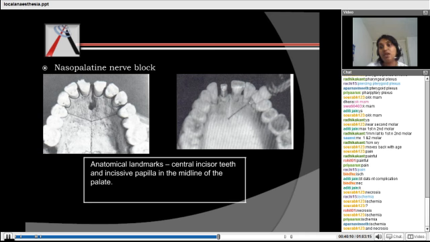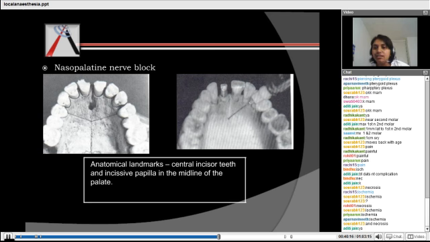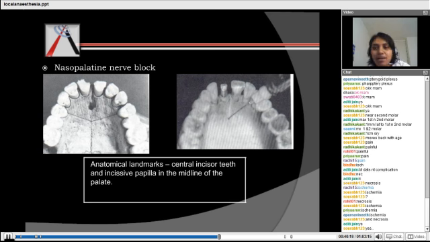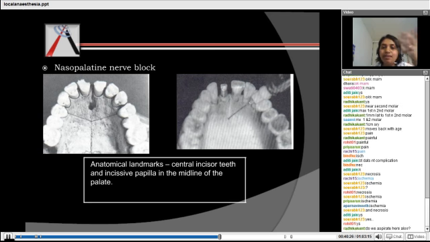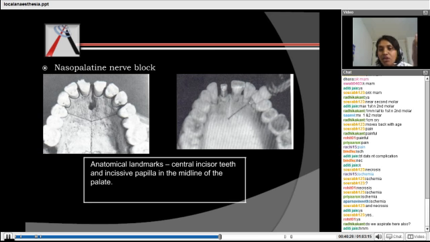This is the most painful nerve block, nasopalatine nerve block. In that, we actually recommend, in any case, that you give a spray topical anesthesia before you actually inject the needle inside. Okay, here the landmarks are the central incisors and the incisive papilla.